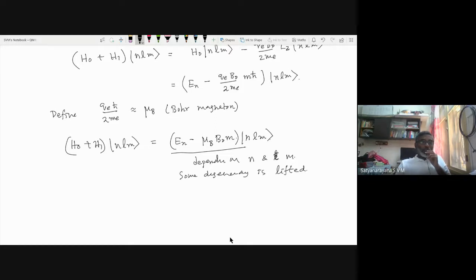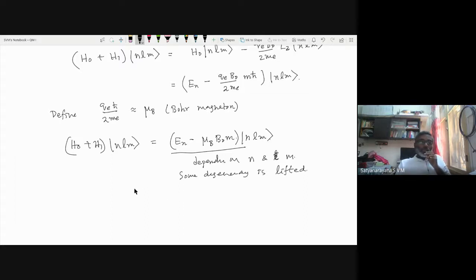Zeeman had discovered that this splitting of spectral levels has happened. In fact, I must tell you, it's a nice work by Lorentz. He used classical electrodynamics to actually explain the Zeeman effect. The only thing he could not explain was the anomalous Zeeman effect, but the normal Zeeman effect can be explained using classical electrodynamics.